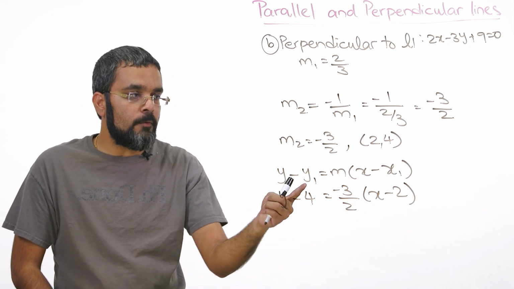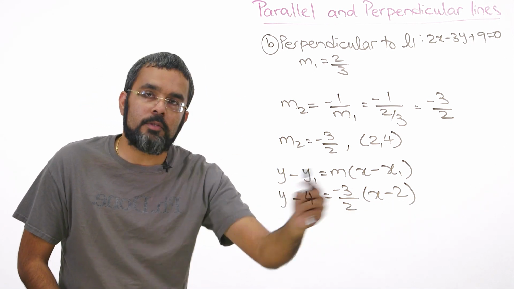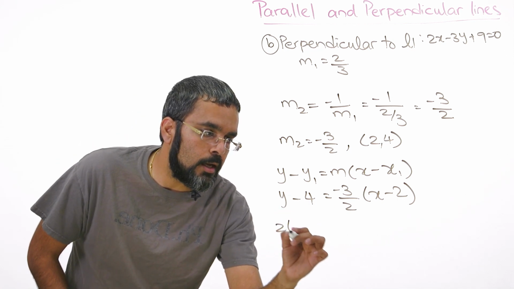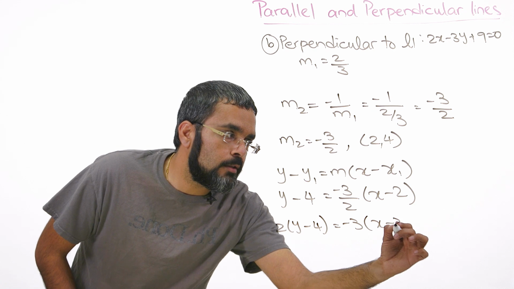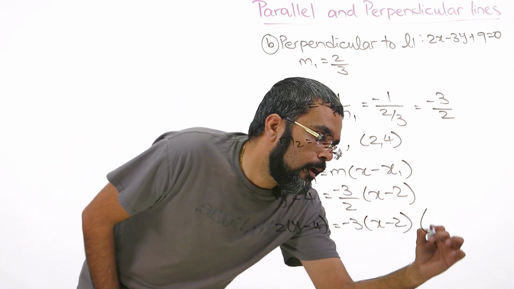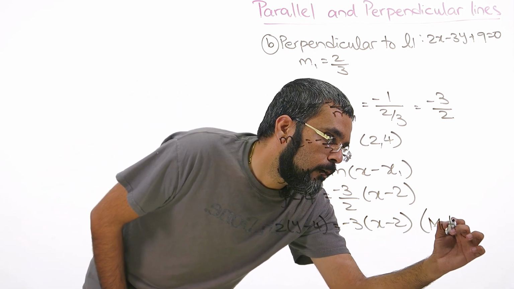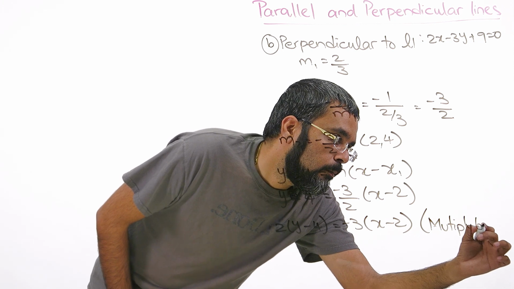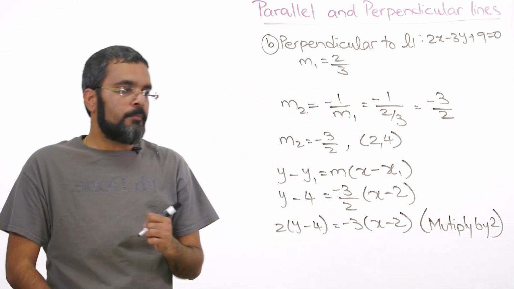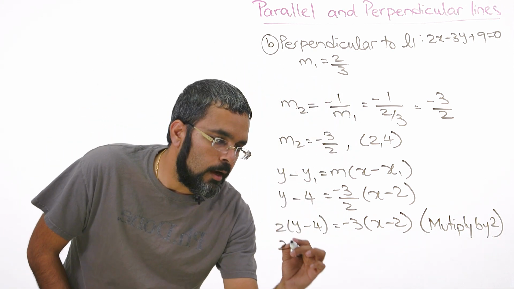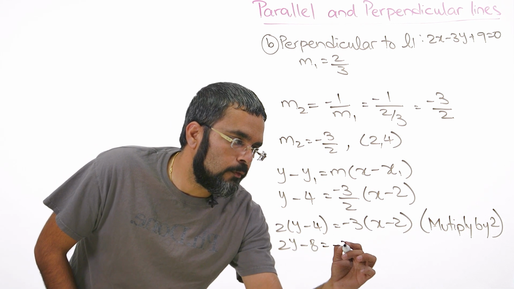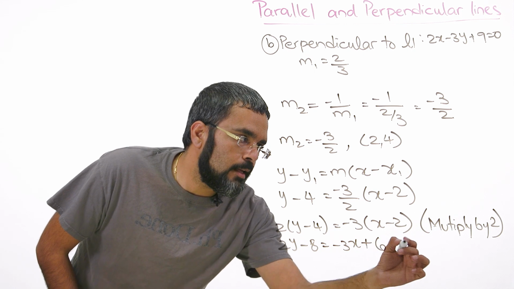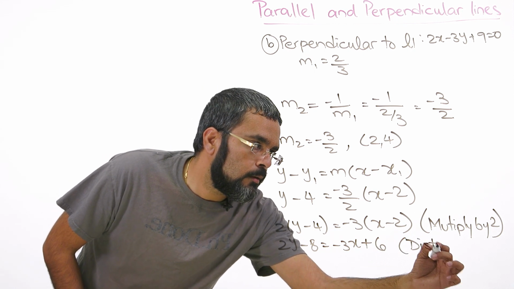Again, I want to get it in general form, so I'm going to first multiply both sides by 2. So I get 2 times y minus 4 equals -3 times x minus 2. How did I get that? By multiplying by 2 on both sides. Okay, so I distribute and get 2y minus 8 equals -3x plus 6.